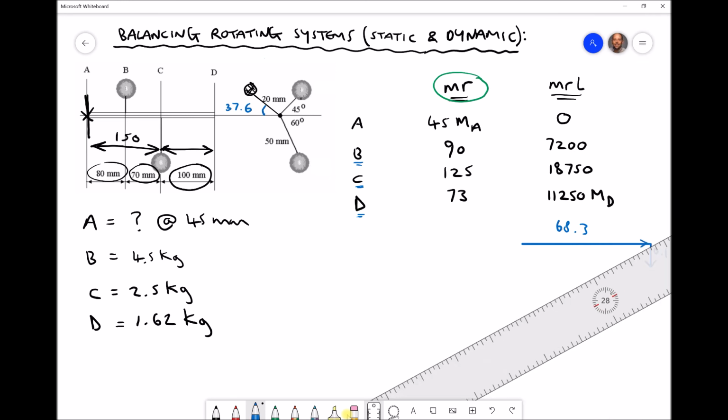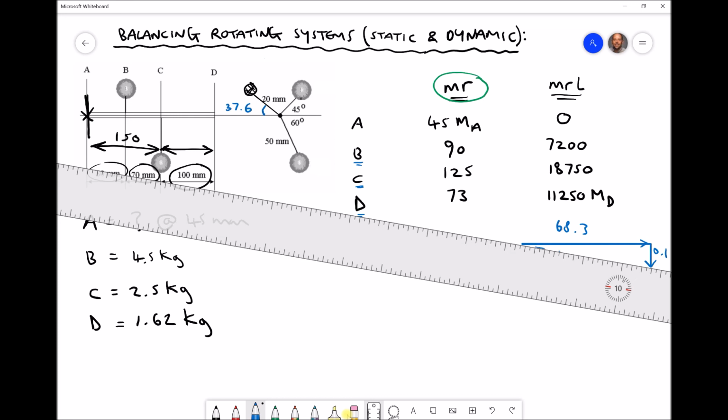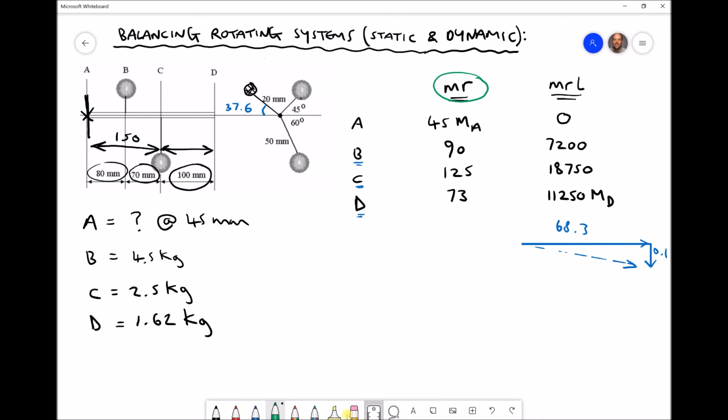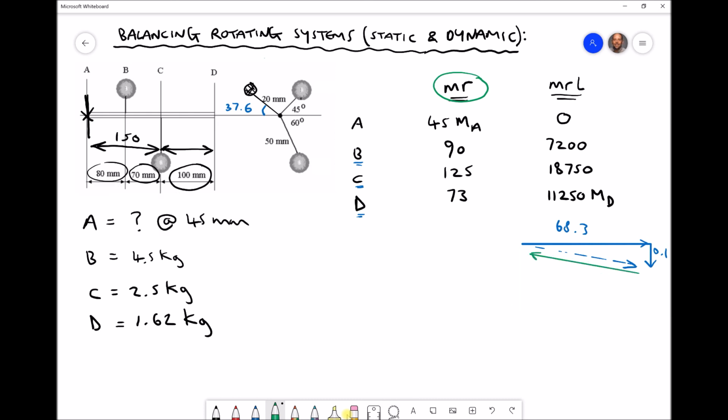Our resultant then is going to act in this direction here, meaning our equilibrium is going to act in the opposite direction, but it's going to share the same magnitude. The magnitude of the resultant is the square root of the sum of the square of the two shorter sides. So here we have 68.3 squared, we have 0.1 squared, giving us a resultant this time equal to 68.3.